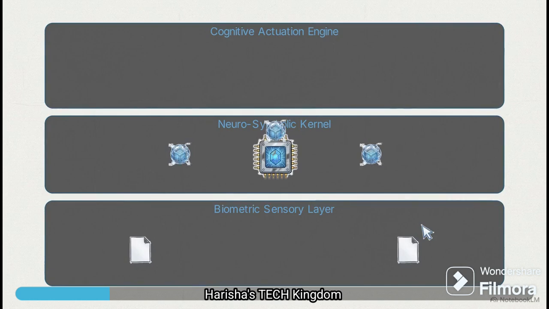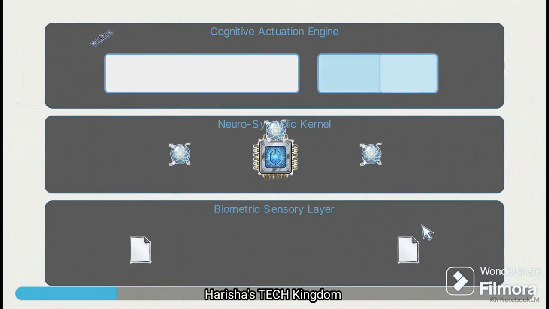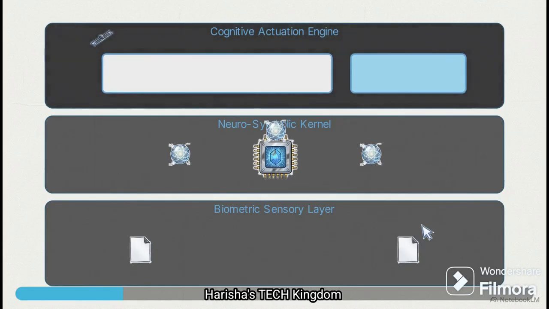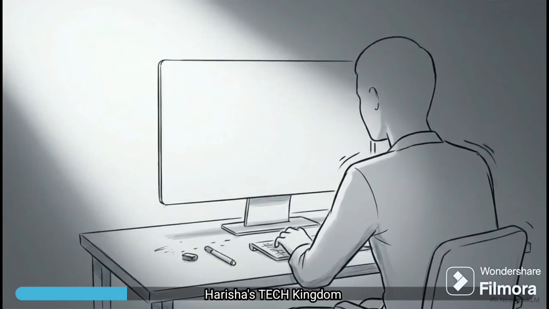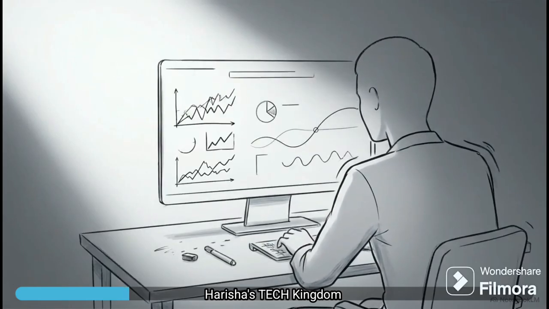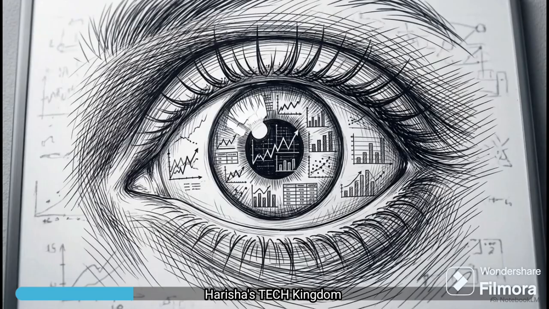This data moves into the middle layer, where the kernel processes the behavioral streams to generate specific control variables. Finally, the top layer uses those variables to physically alter the layout and movement speed of the interface. By bridging these layers, the dashboard functions as an active partner that dynamically regulates the user's cognitive load during high-stress sessions.